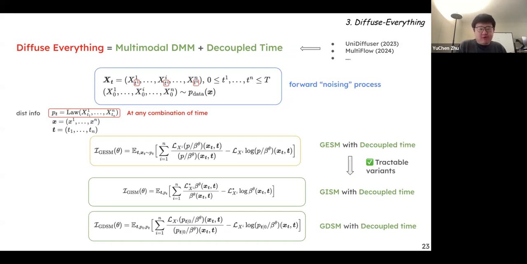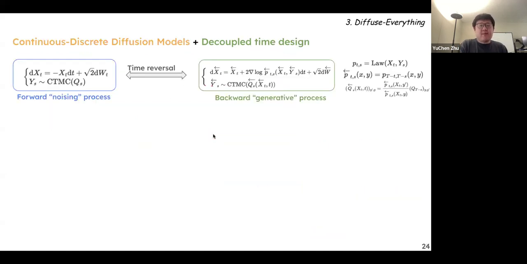There's not much difference, except that now there is more than one time input into the loss and into your neural network, and in fact you're now taking expectation with respect to all these different times independently. So by introducing this decoupled time into this continuous-discrete diffusion model, the only change is that instead of having a shared time t for both x and y, we now have two different times, t and s.